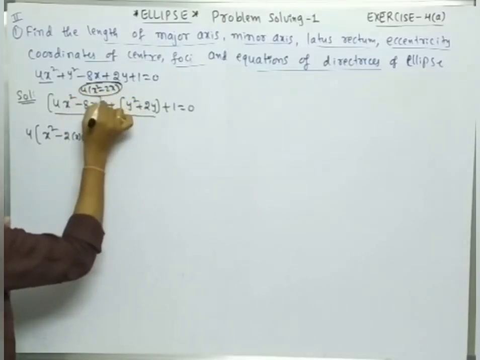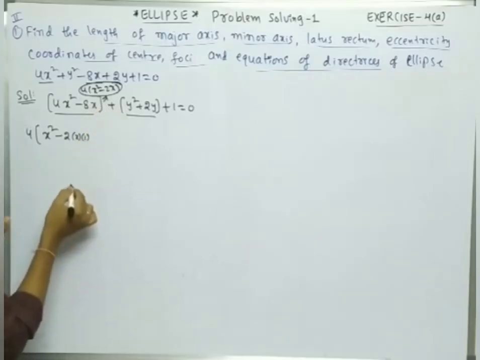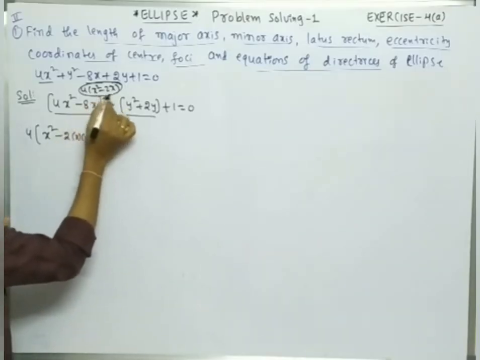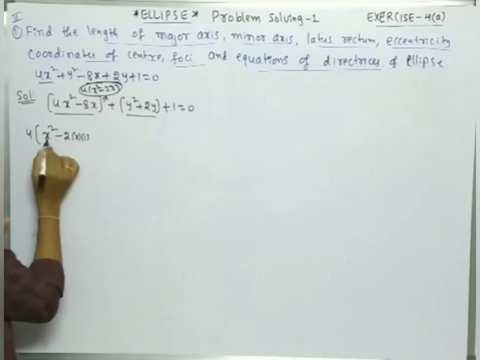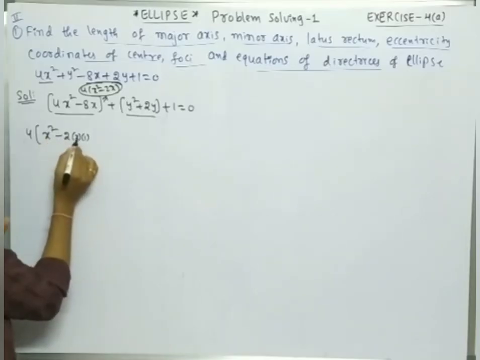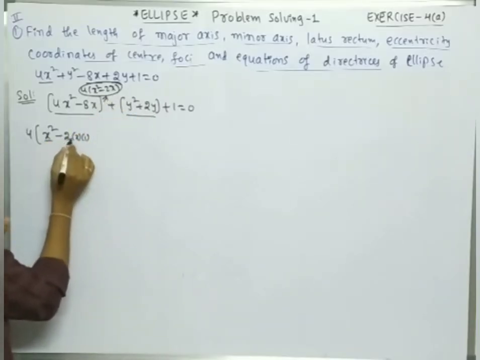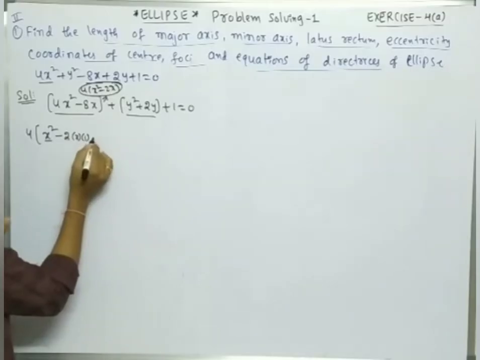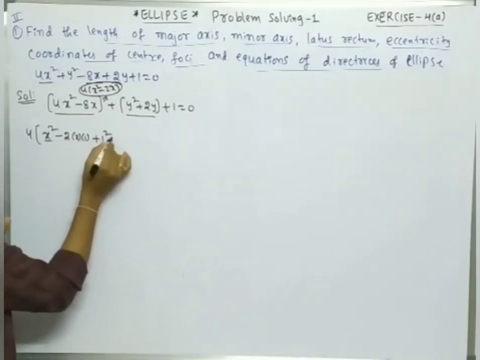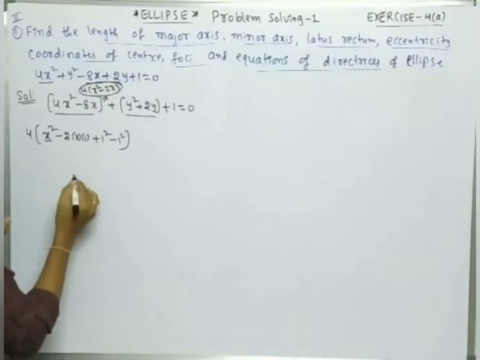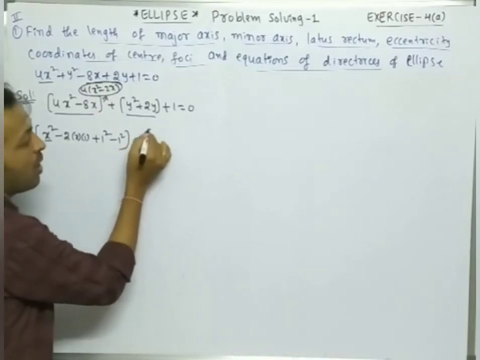Write it in the form of a minus b whole square: a square minus 2ab, where a means x, and 2 into x into 1 becomes 2x. We don't have plus b square, so add b square and subtract b square. Next, here also the same process.